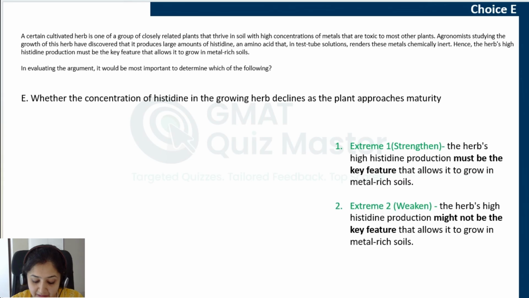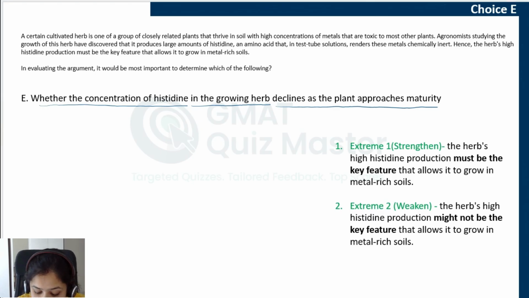Choice E, whether the concentration of histidine in the growing herb declines as the plant approaches maturity. So, this choice talks about the variation in concentration of histidine with the plant age. It may be relevant, so let's evaluate it.